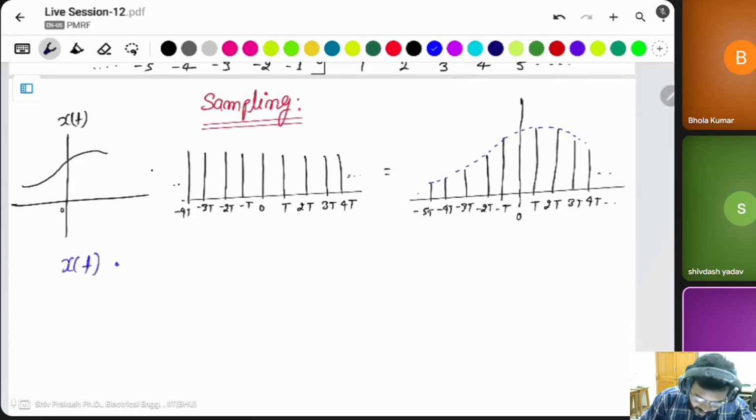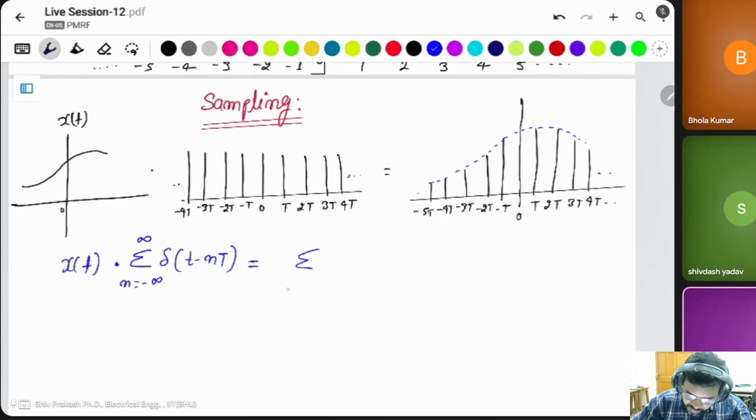If you multiply by the impulse train, summation of n equal to minus infinity to plus infinity of delta(t minus nt), then the output is the summation of n equal to minus infinity to plus infinity of x(nt) into delta(t minus nt).